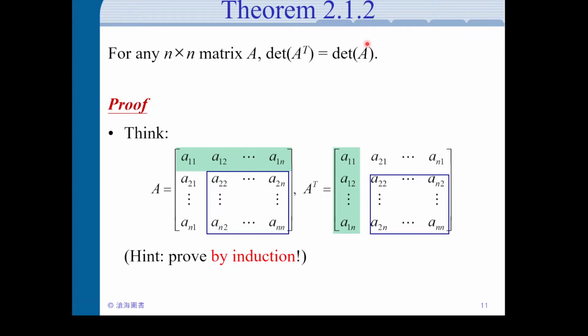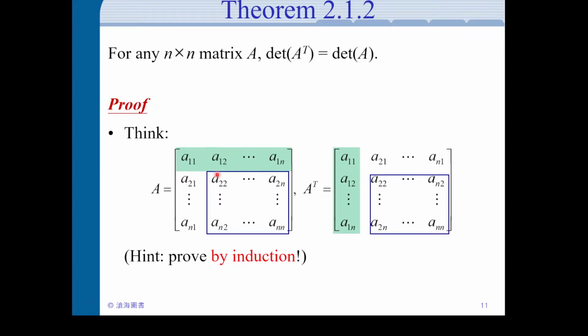Basically, if we expand A on the first row, that will be the same as expanding A transpose on the first column. Well, you see you have all those same small a elements: A11, A12 to A1n, and A11, A12 to A1n. And then we prove by induction because then we have cofactors that are determinants of those n minus 1 by n minus 1 matrices.